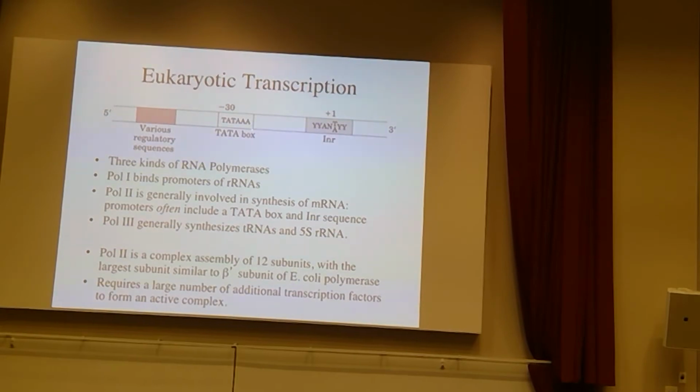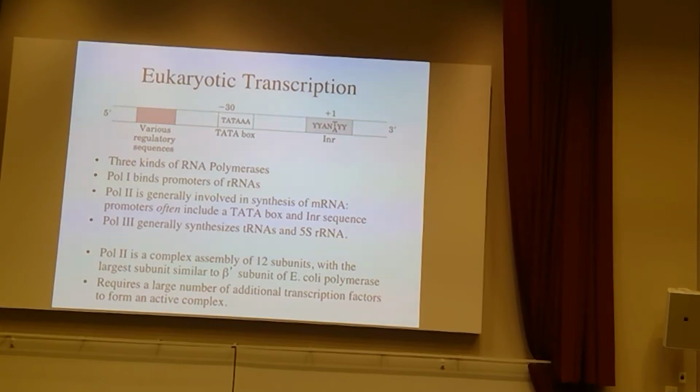So let's think about polymerases. Let's think about regulatory sequences that would be around the start site for RNA synthesis. Typically, we think about a region upstream of where we want to begin our mRNA synthesis that contains a promoter region.